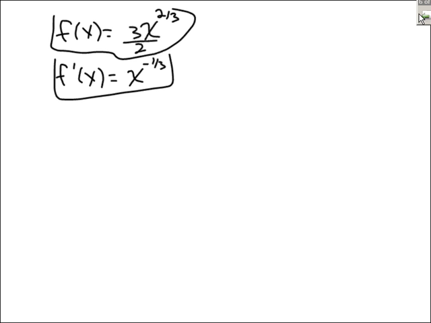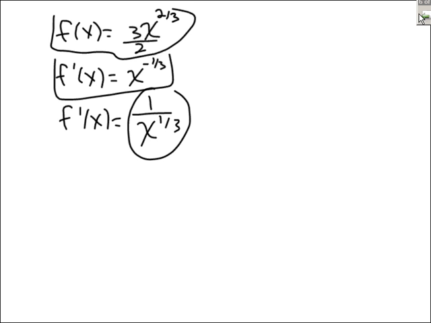Okay, x to the negative third. But we have to write it in a better form, a form where there are no negative exponents. Okay, we just did that. And this here cannot be factored.